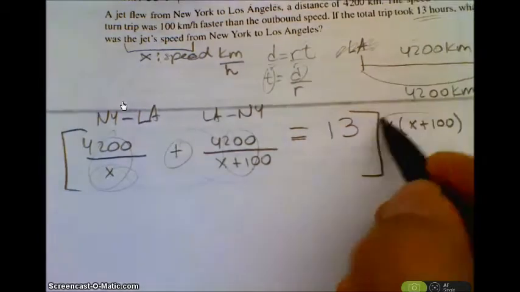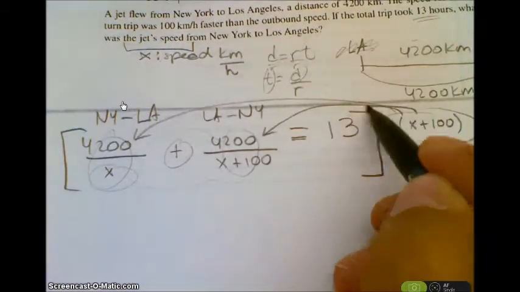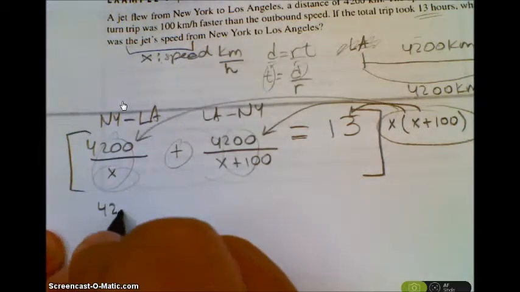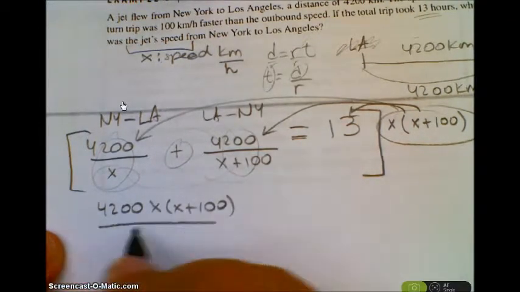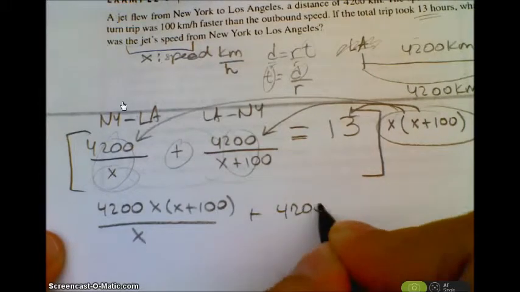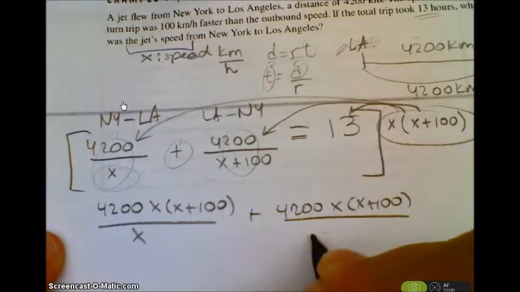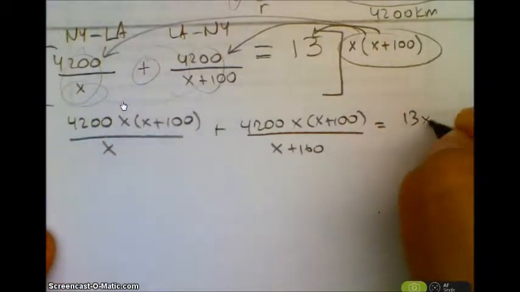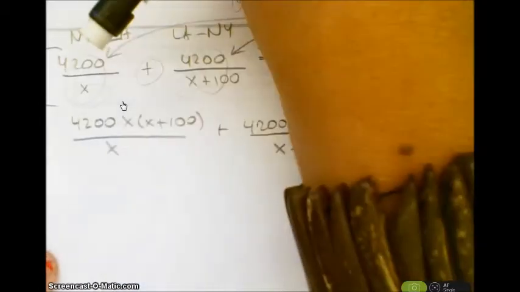These two factors multiply each summand, and multiply the 13 as well. So when I do that, I have 4200 times x times x plus 100 over x, plus 4200 times x times x plus 100 over x plus 100, equals 13 times x times x plus 100.